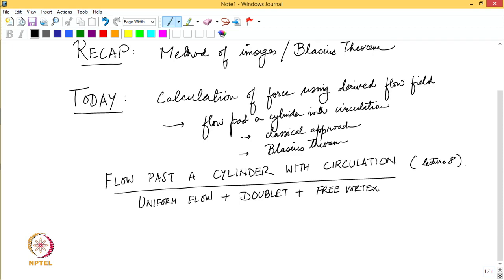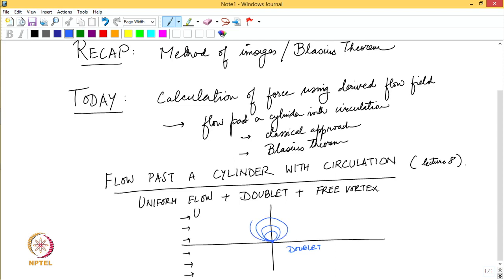So, these 3 elementary flows when combined gave us flow past a cylinder. So, we had, as I said, uniform flow. So, U is the velocity. We had a doublet centered at the origin. So, this is a doublet which had some kind of a flow feature that we have seen now.